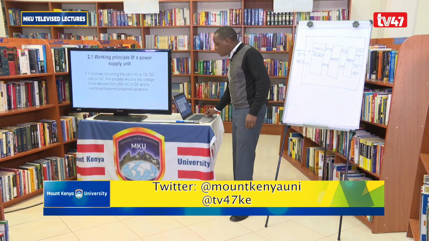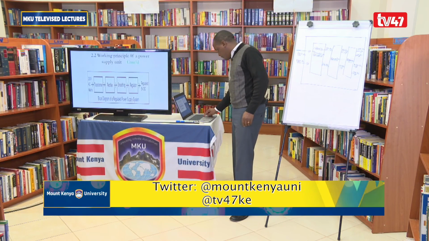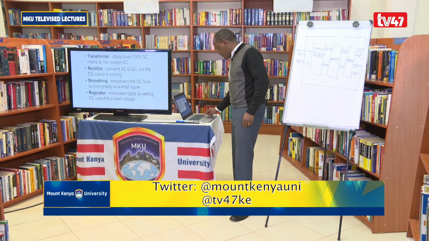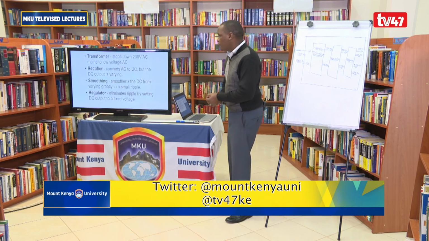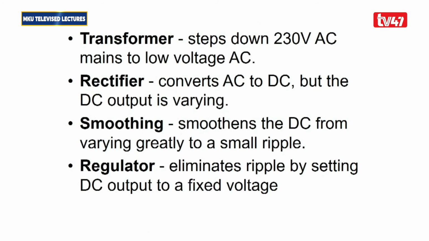So the working principle of a power supply unit is based on that structure there, converting 240 volts into 5 and 12 volts DC. Each of these components of the power supply unit has a specific function, as we have just mentioned. The transformer steps down, the rectifier converts AC to DC, because the components of the computer use direct current.